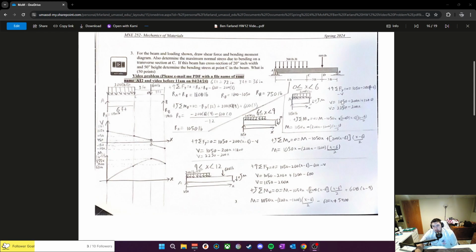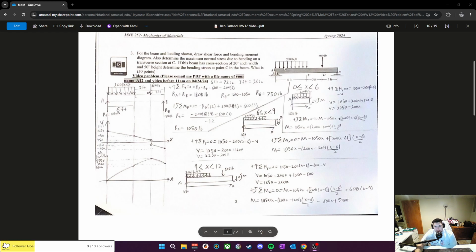Once we do that, we can find the sum of the forces in the y direction equals 0, equal to 1,050 minus 200 times (x minus 6).